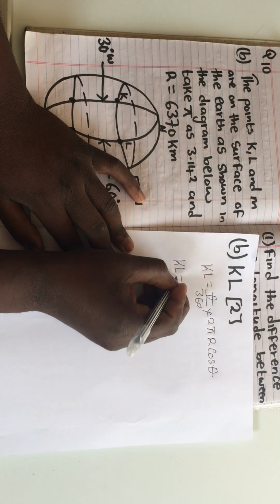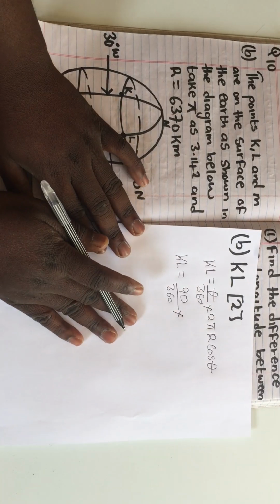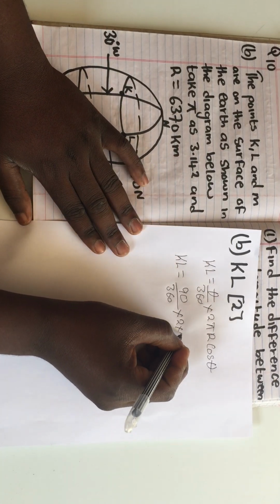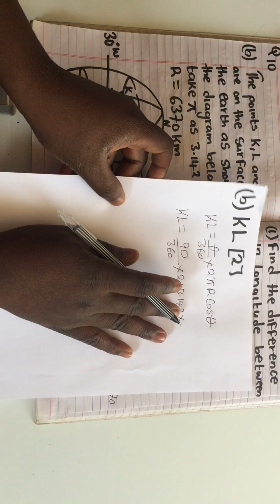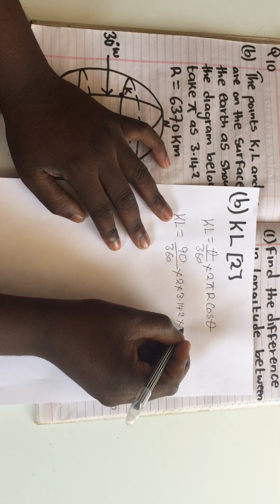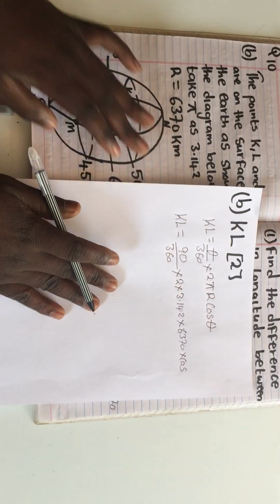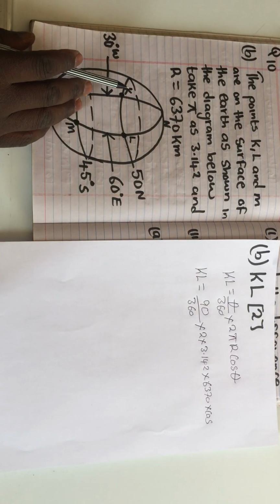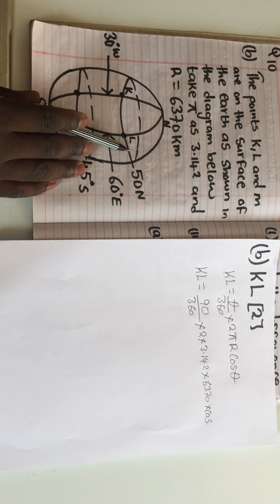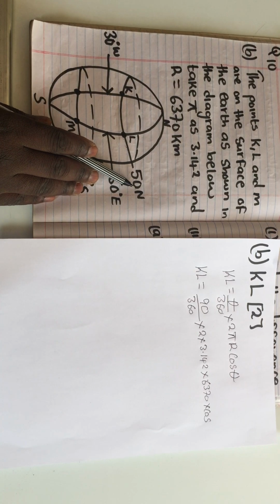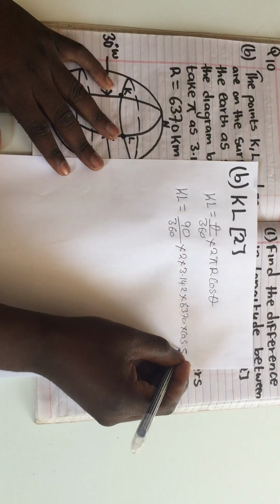So KL is equal to 90 over 360 times 2 times pi, we know it's 3.142, times radius 6370, times cos. What do we put on the theta? Have you seen where KL is passing? The angle where it's passing is 50. It's the one you put in cos theta. So you say 50 here.